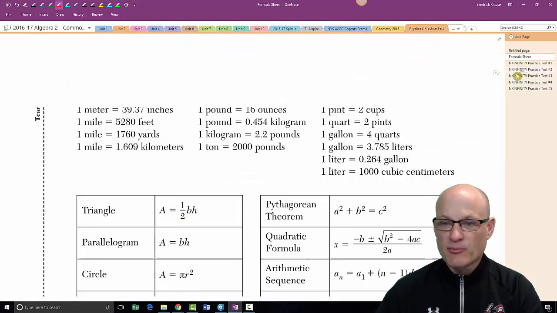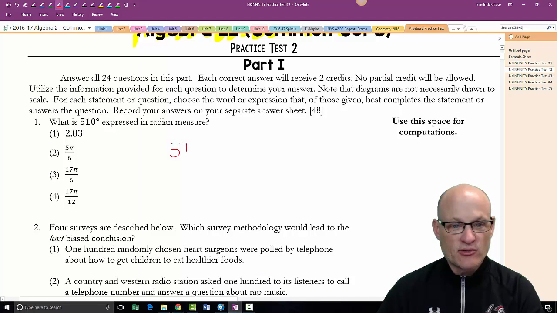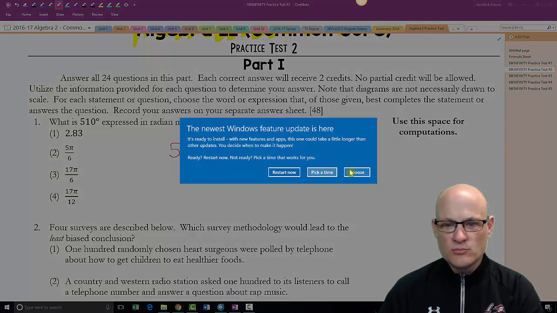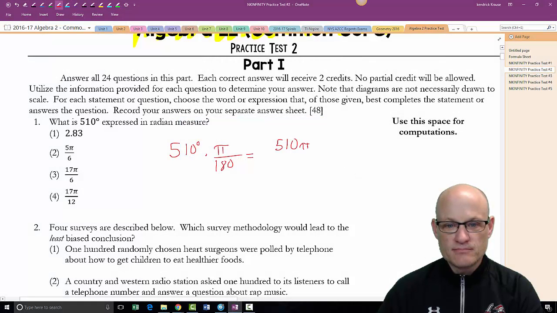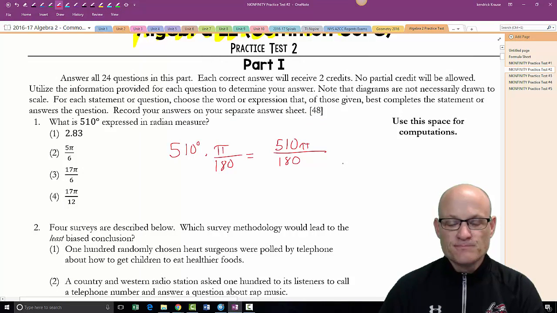So we'll go back to practice test 2. We'll take 510 degrees and multiply it by pi over 180. What you end up with is 510 divided by 180. 3 goes into both of those, 3 goes into 510 and into 180, giving 17 over 6. 17 pi over 6.